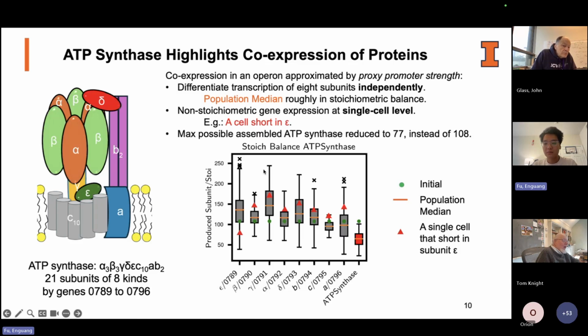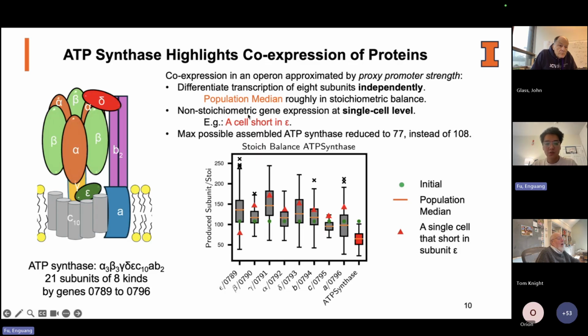In our current model, we approximate the expression of the 8 subunits independently by introducing proxy promoter strengths at transcription reactions. Consequently, you can see the population median of the produced subunits was roughly maintained in stoichiometric balance.